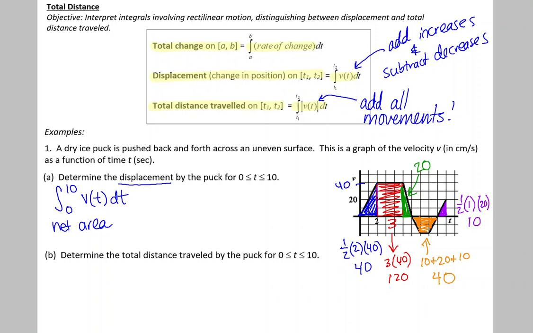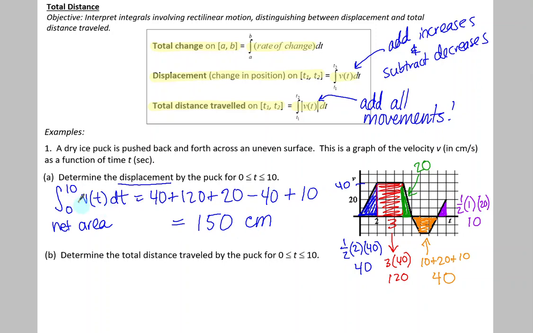Let's go ahead and compute our net area from 0 to 10. So we're going to add up everything above the x-axis. So we've got 40 going in order, plus 120, plus 20 over there. Subtract the part that's below the x-axis, minus 40, and then there's one more piece above the x-axis, plus 10. Simplifying that gives us 150, and that's going to be centimeters.